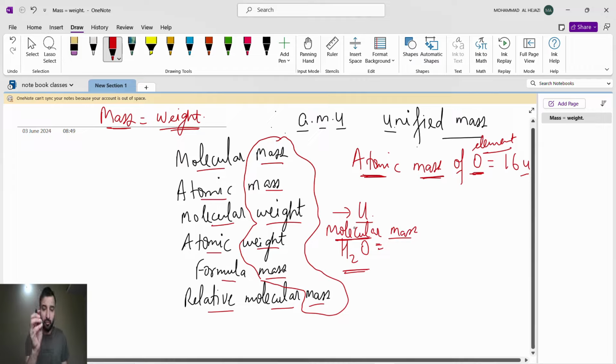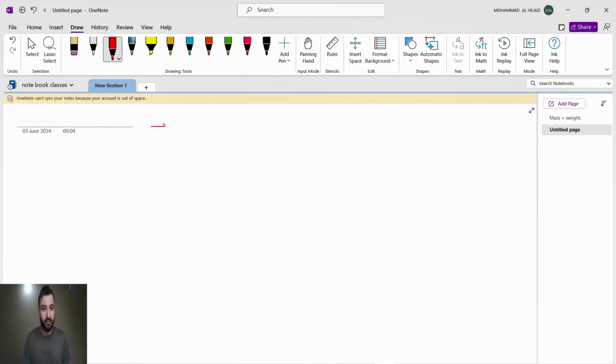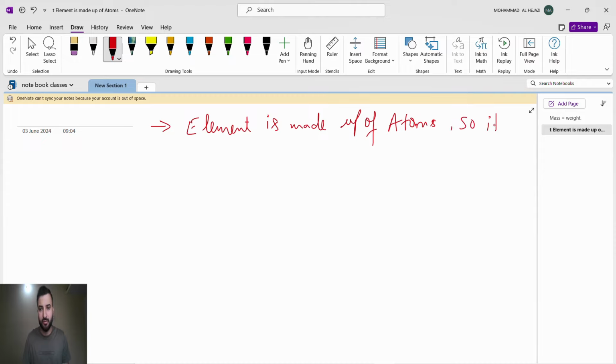If you cannot remember, if you forget, write it down like this: element is made up of atoms, so it is atomic mass.